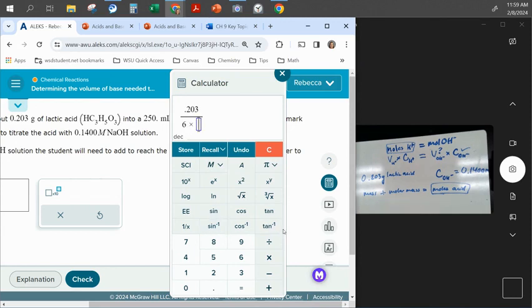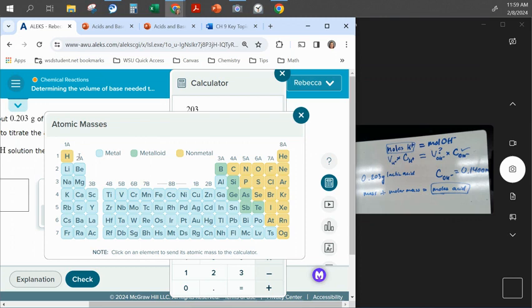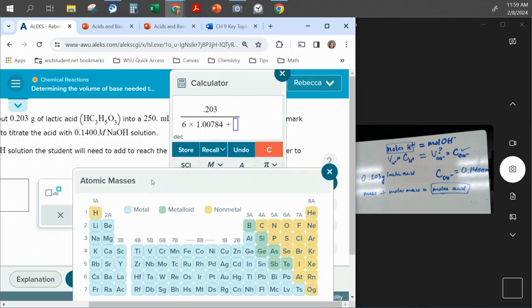So 6 times hydrogen plus 3 times carbon plus 3 times oxygen.